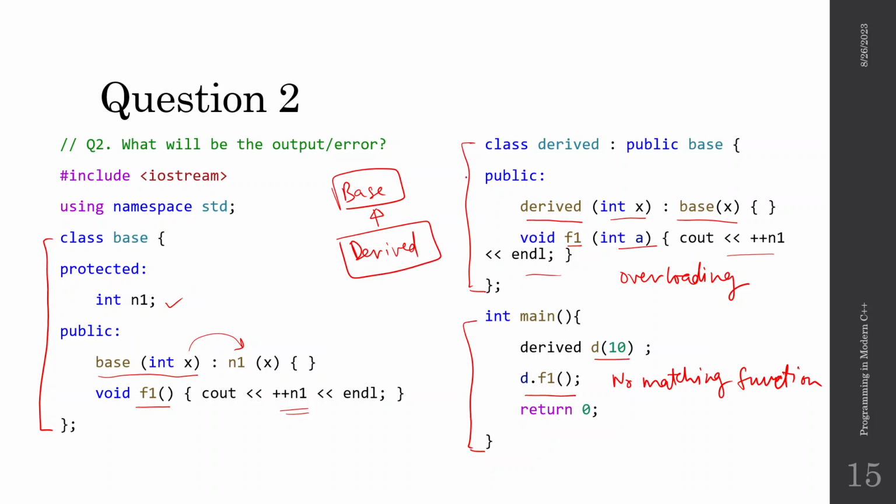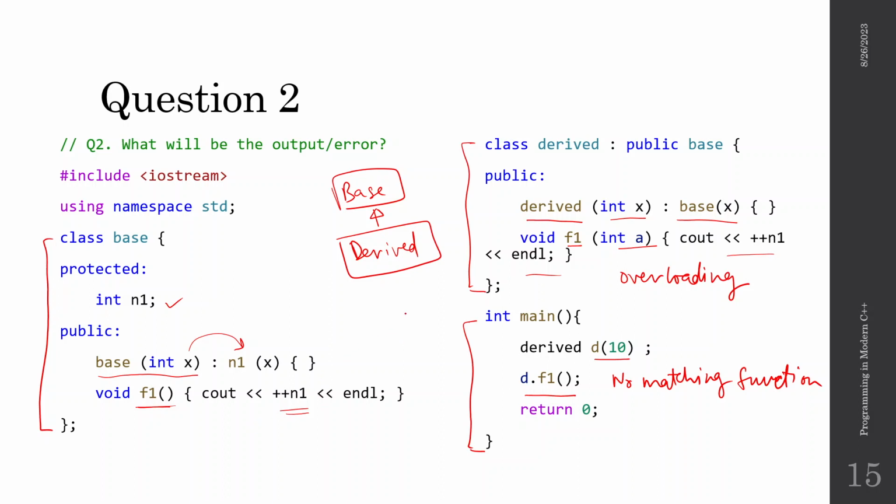But the main question here is that since the derived class inherits all of the member functions of the base class, it should also inherit this f1 function of the base class, which takes no arguments. So it should find a matching function, right?